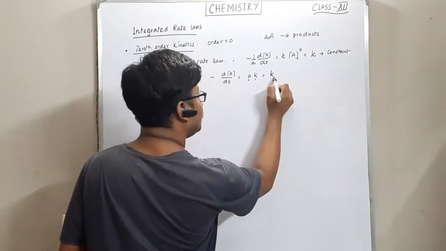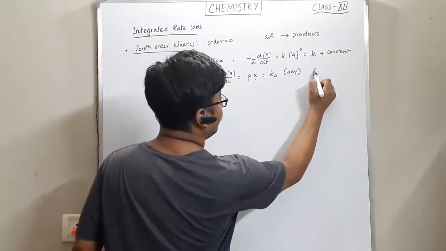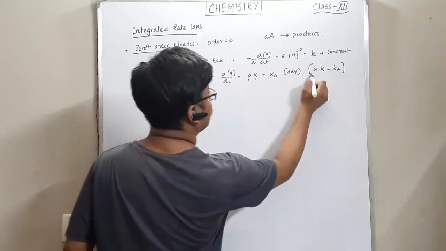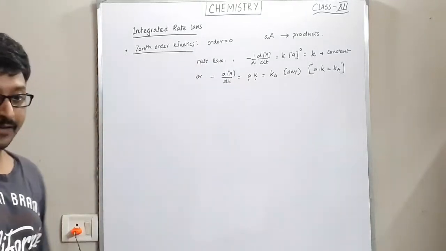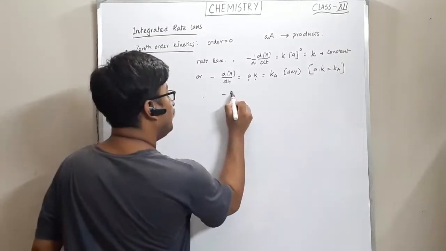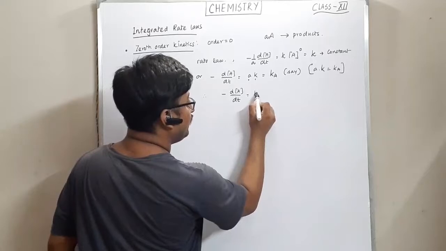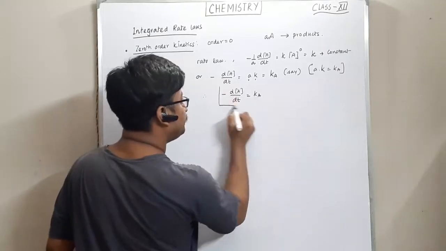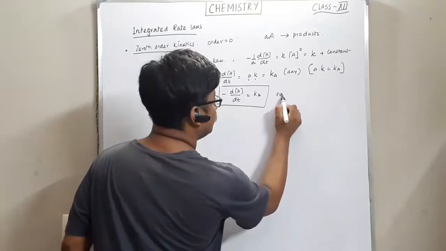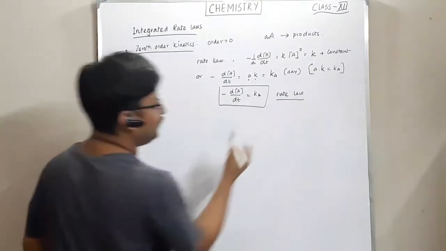Let's give it as Ka. Your A multiplied by k is equal to Ka. So what we get here? We get dA by dt is basically Ka, a constant. Okay. So this is the rate equation, the rate law.